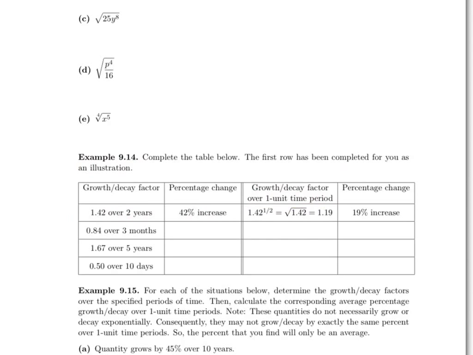Recall that if R is the factor over n units of time, then R to the 1 over n will be the factor over 1 unit of time. So in the first row, if we want to calculate the 1-year growth factor, we take our 2-year growth factor and we raise it to the 1/2 power.